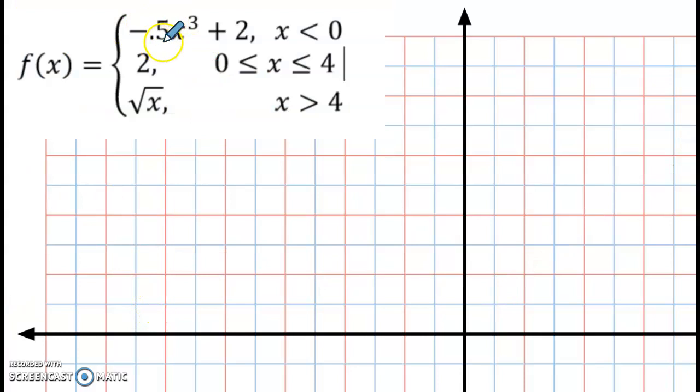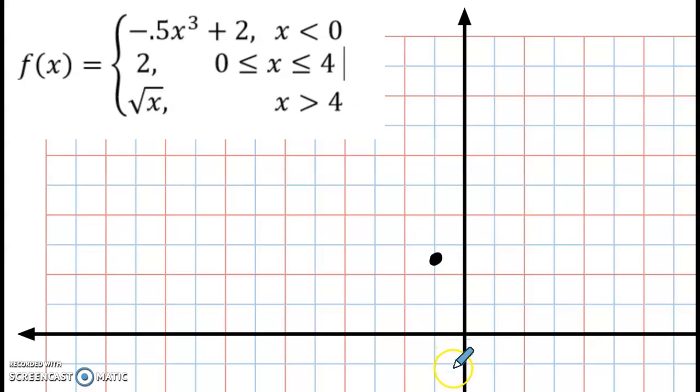Here I have negative 0.5x cubed plus 2 when I'm less than 0. I know what x cubed looks like. This negative 0.5 is going to compress it a little bit, and I'm going to flip it around. But I'm only less than 0, so negative 1 cubed is negative 1 times negative a half is positive a half, plus 2 is 2.5.